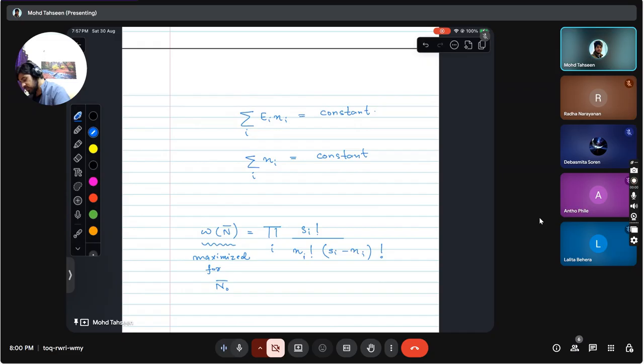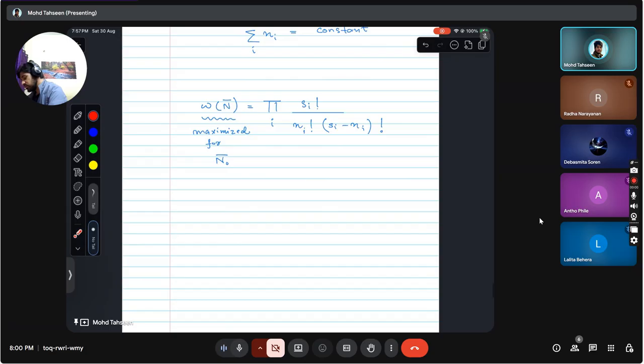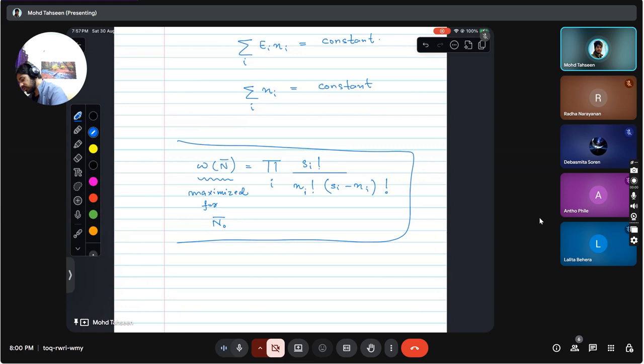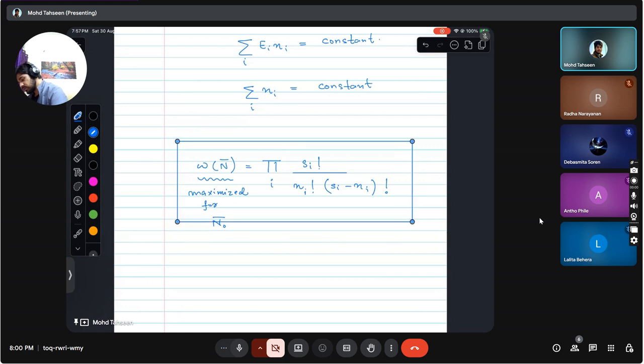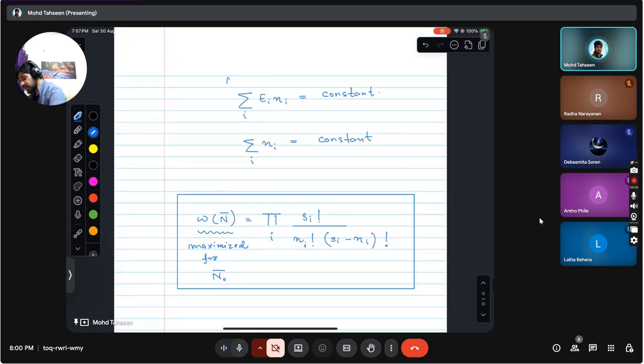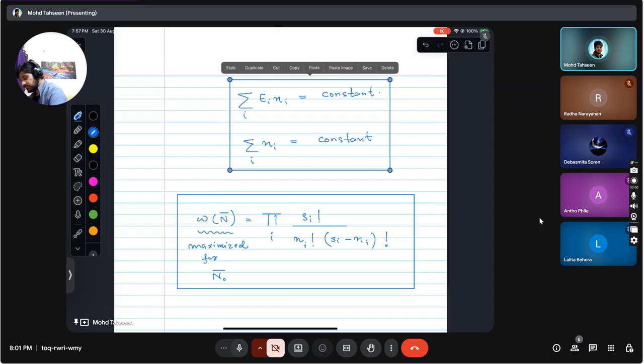This factor, omega n, the number of ways in which we can attain a particular microstate, will be maximized for n naught bar, because this is the most probable distribution. So what we have to do is maximize this expression while respecting these two constraints.